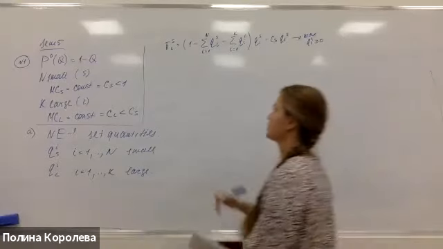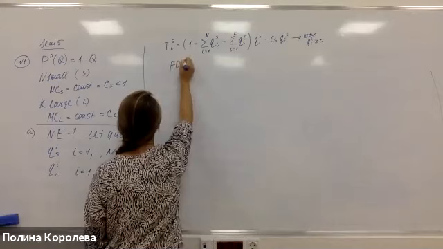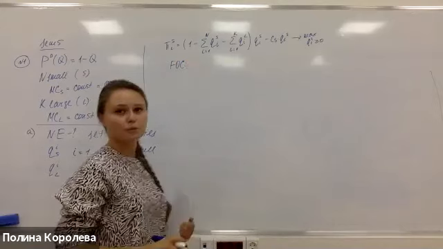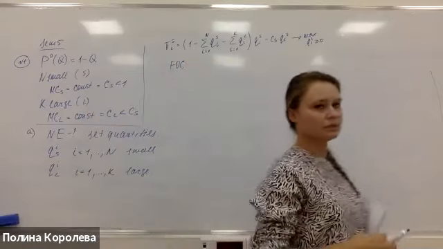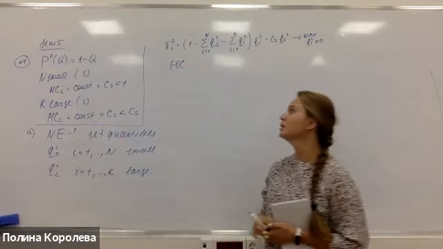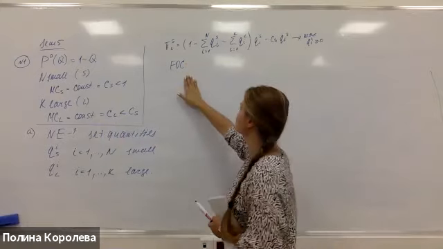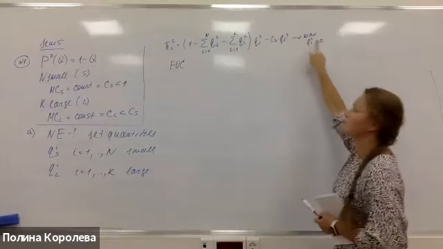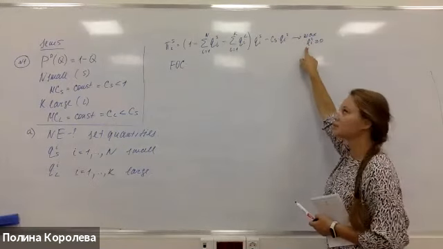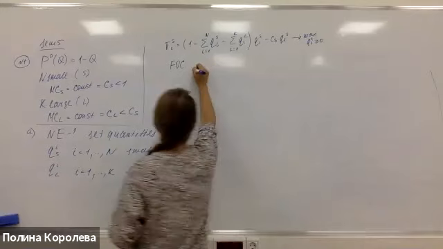So let's write down first the condition. We should take the first derivative and set it equal to 0, the derivative with respect to the quantity of this actual firm. Yes?